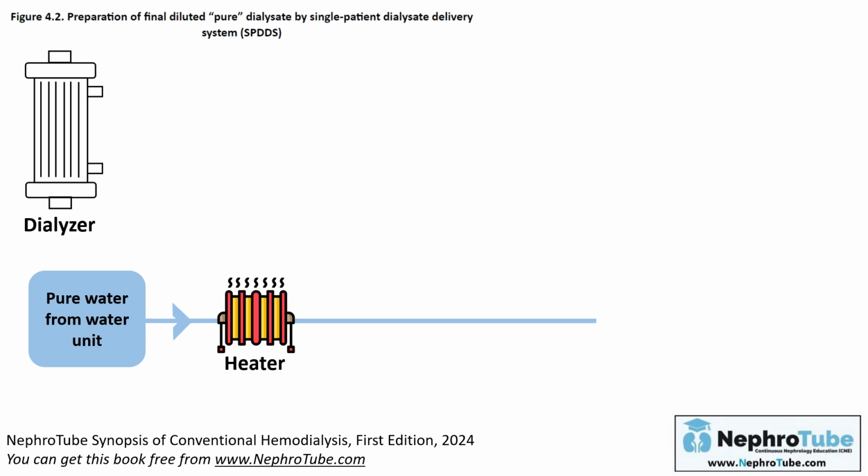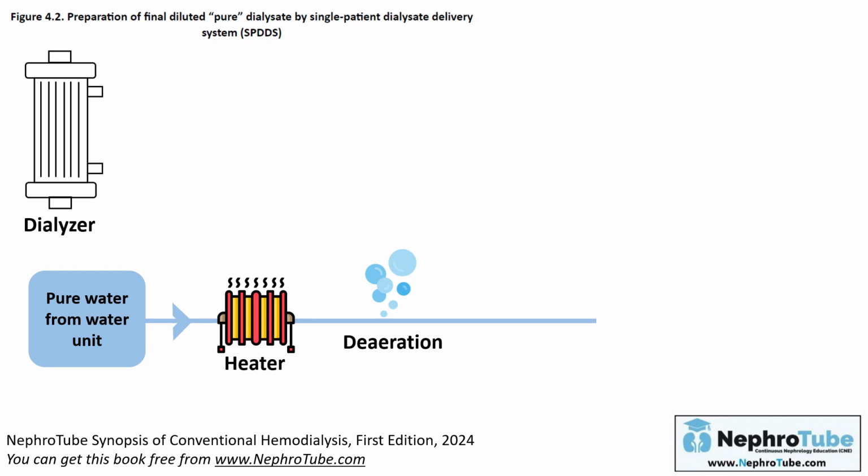But it is important to know that as the water is heated physically, the gases within the water will be dissolved and expand and rise on the surface of the water as bubbles. That's why heating the water must be followed by deaeration to remove these gases. We say that the water is deaerated or degassed.